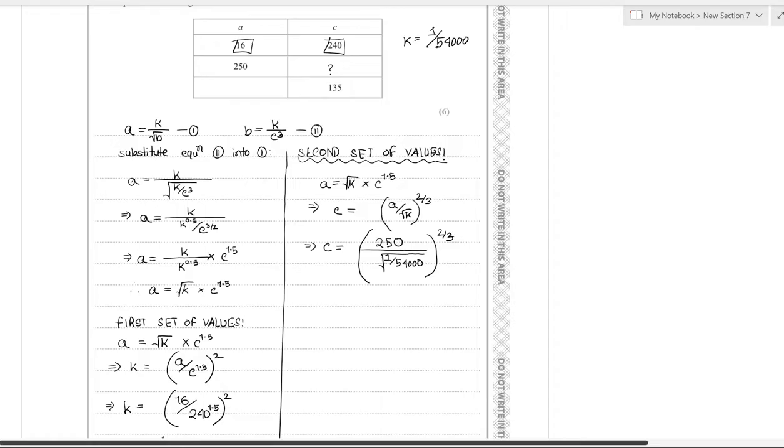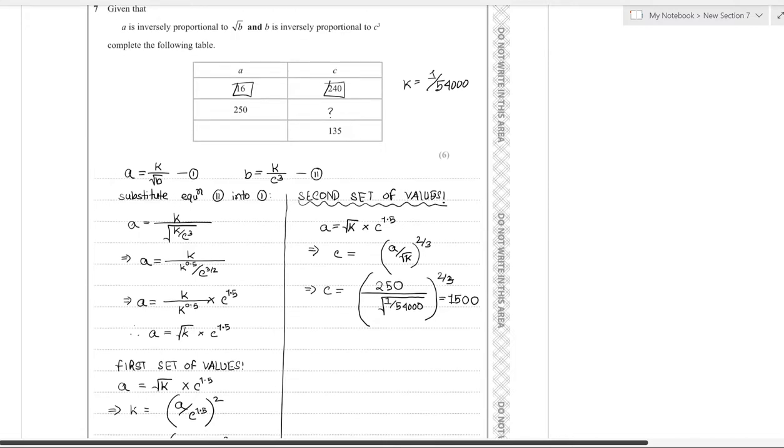If you calculate it, the value for c for the second set of values is 1500. It's 1500, and now we have to move to the final set of values, that is the third set of values.